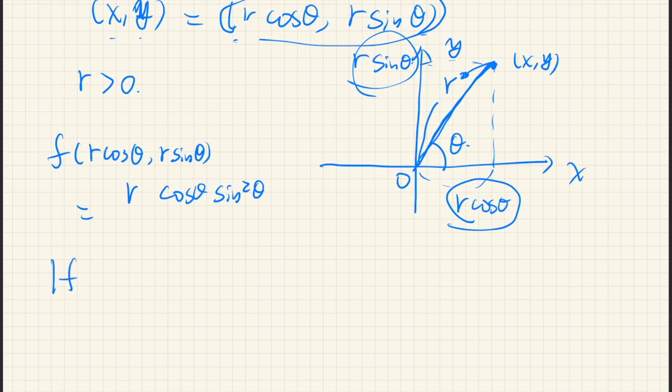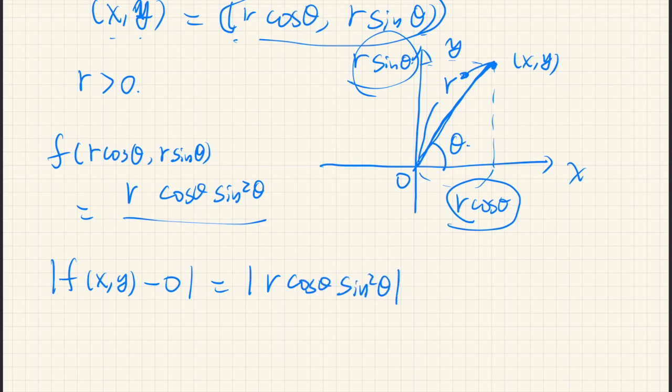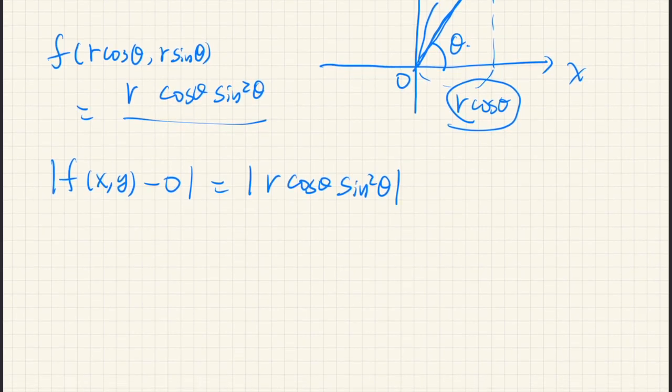Okay, so f of x y minus 0 is equal to this one, r cosine theta sine squared theta. Let's take the absolute value; r is positive, so just write r, and cosine theta and sine squared theta. But cosine and sine are always less than or equal to 1. So this is less than or equal to r.